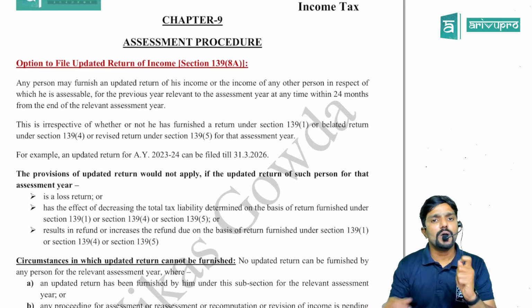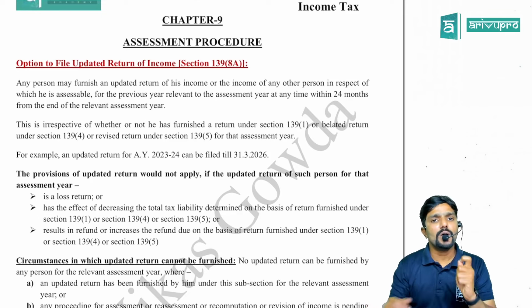Sir, what is this? Assume, guys, I am taking second example this side. For assessment year 23-24, I had already filed my return. I had already filed my original return within the due date. As per that, my tax liability was 5 lakh, which I have already paid and filed the returns. Okay, sir.